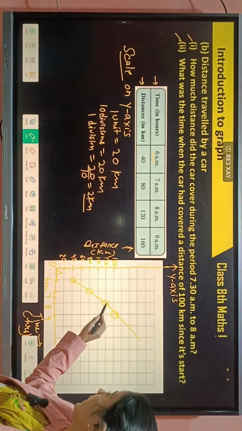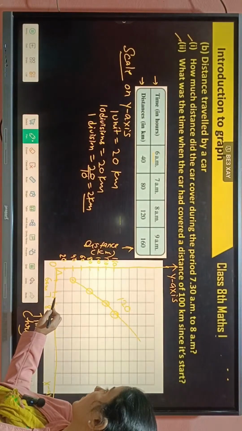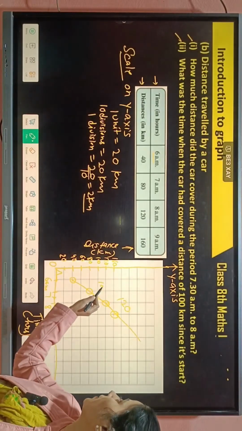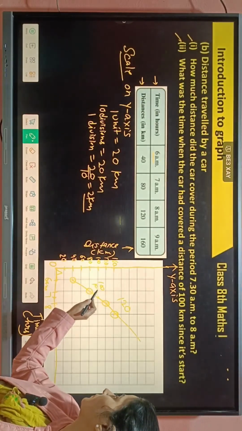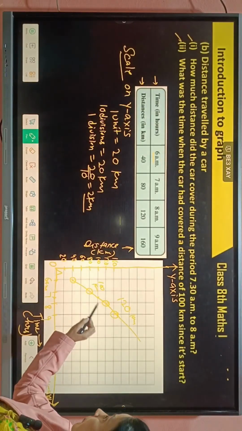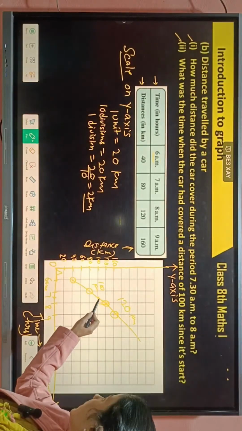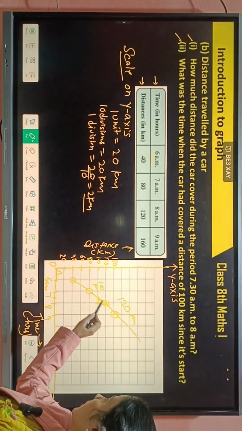At 8 a.m. distance traveled is 120, and at 7:30 distance will be 100 kilometer. So what is the difference between this distance and this one distance?